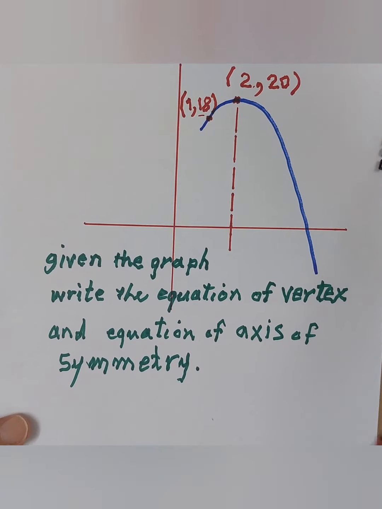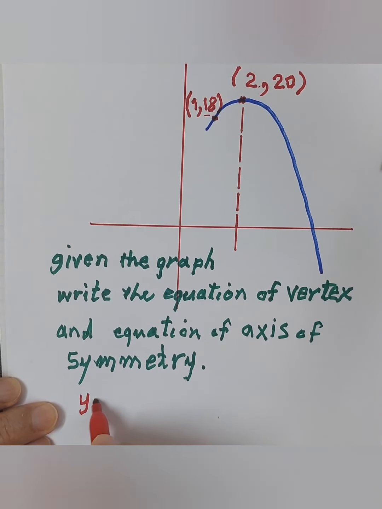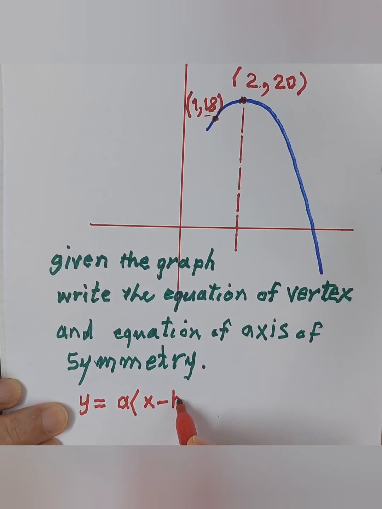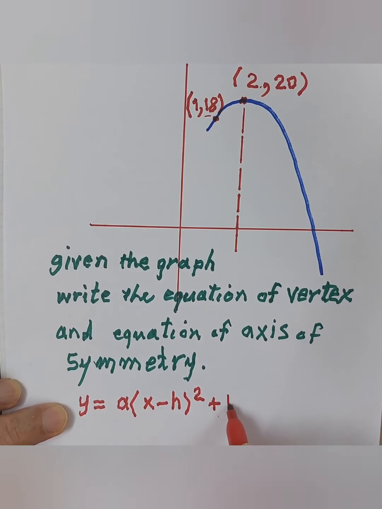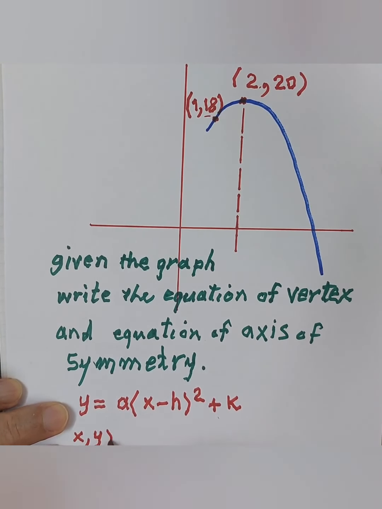As we know, y equals a times (x minus h) squared plus k, where x and y are the coordinates for the point (1, 18), which is given on the graph.